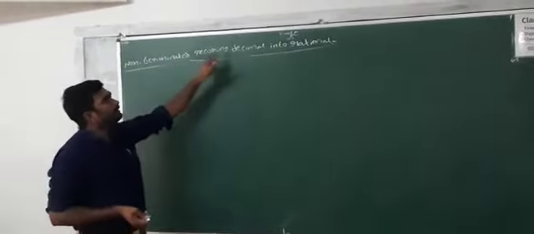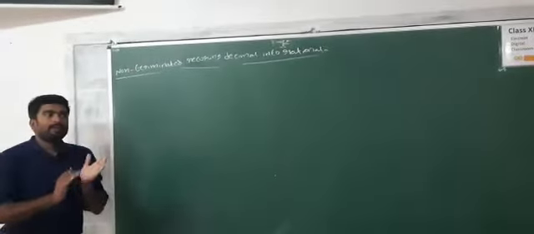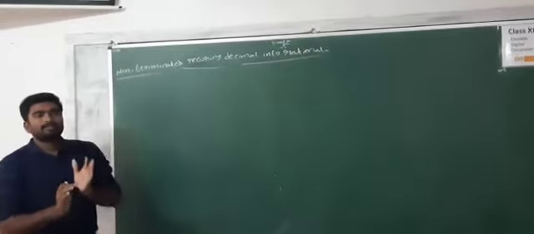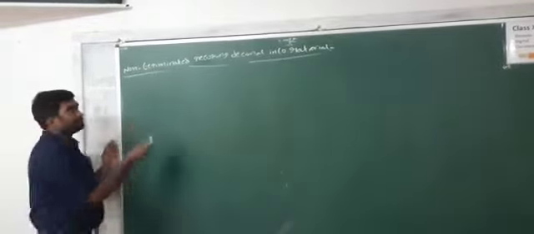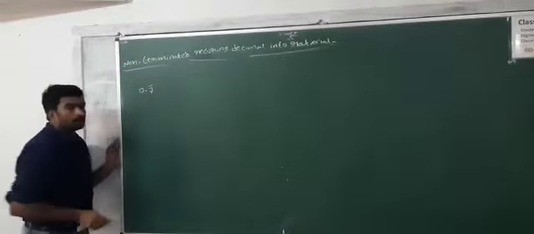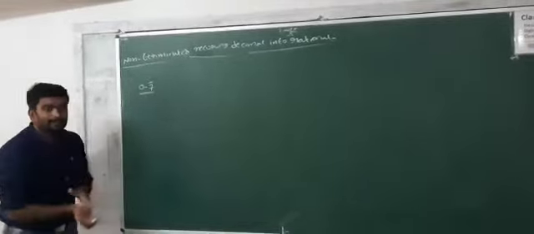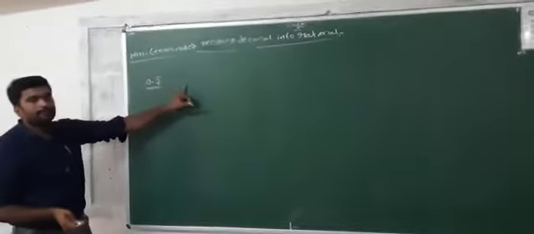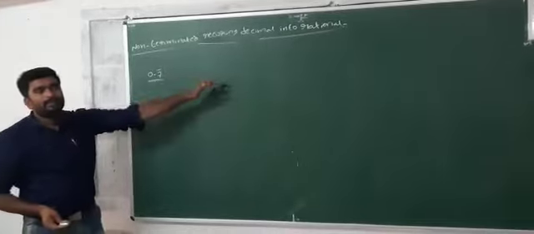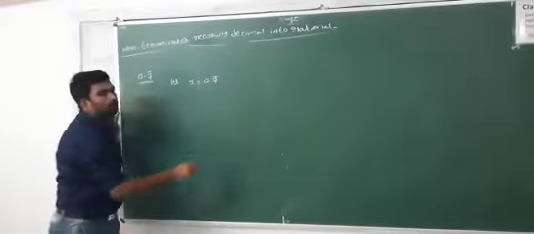Converting non-terminating recurring decimals into rational form. That means non-terminating recurring decimals can be converted into rational form. For example, take 0.7 bar. First, take the given decimal as x, so let x equal 0.7 bar.